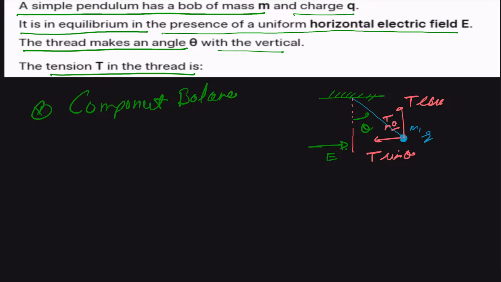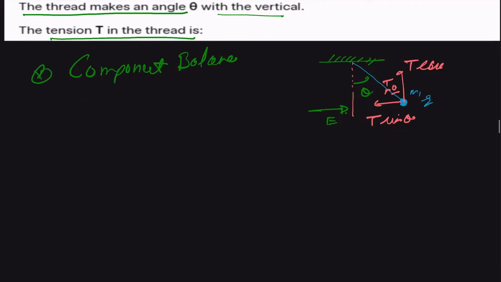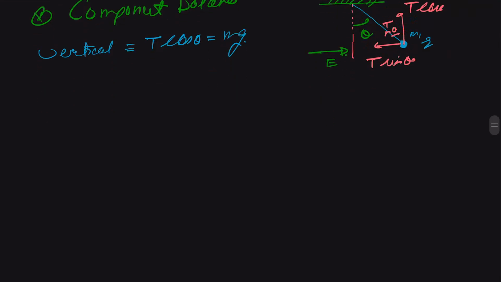First is vertical, and vertical gives us T cos theta is equal to mg, and then horizontal, T sin theta is equal to the force due to the electric field.